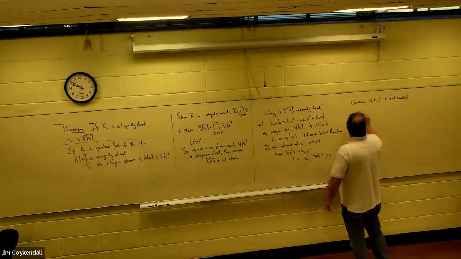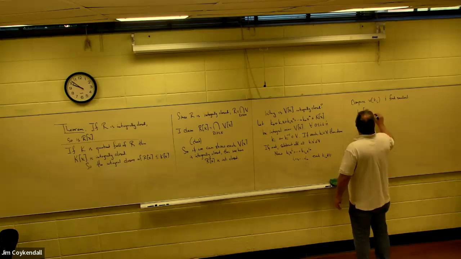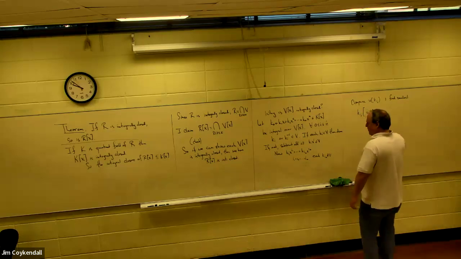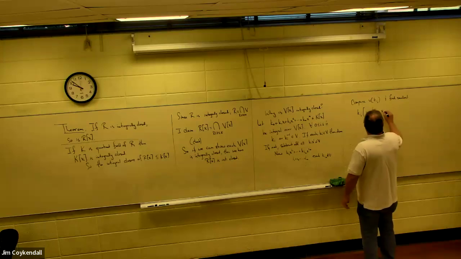Let's say k_{ij} times, I'm going to re-index this, v_{l1} x^{l1}, well, I guess the powers will be the same, plus v_{lm} x^i.